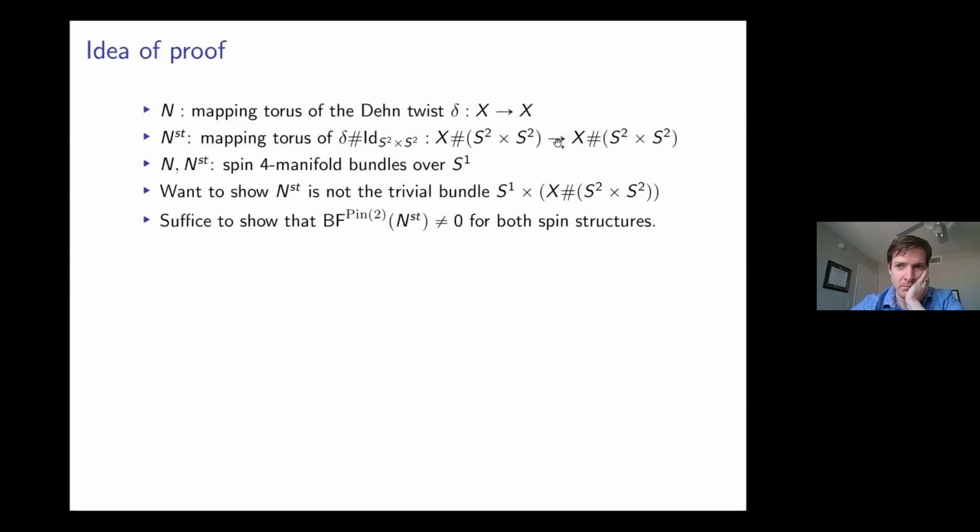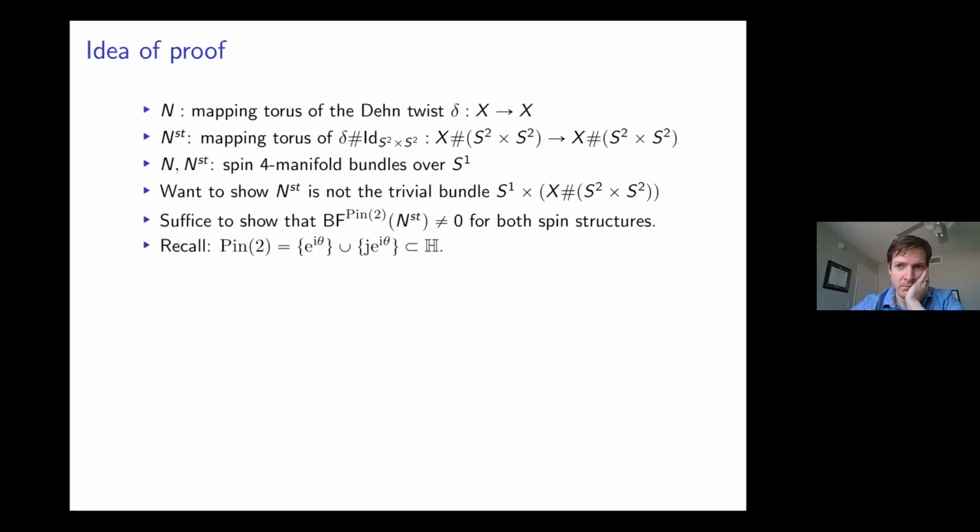But if you form the family over S1, there are actually two different spin structures for these families. And if we can show that the Bauer-Furuta invariant for both spin structures is non-vanishing, then it will imply that this bundle is non-trivial, because it's not hard to see that for the trivial bundle with the spin structure pulled back from the fiber, the Bauer-Furuta invariant is always vanishing. So the trivial bundle will have at least one spin structure with vanishing Bauer-Furuta invariant.